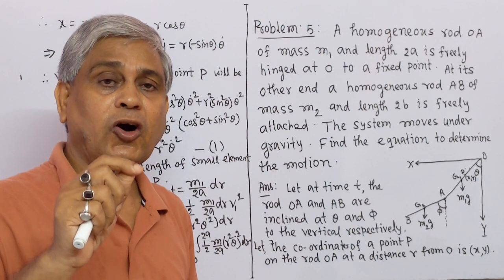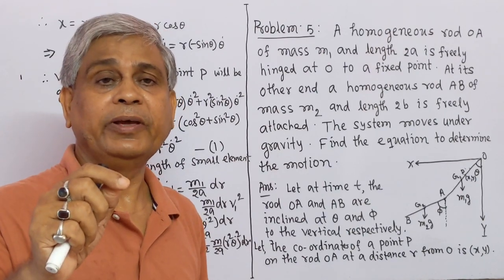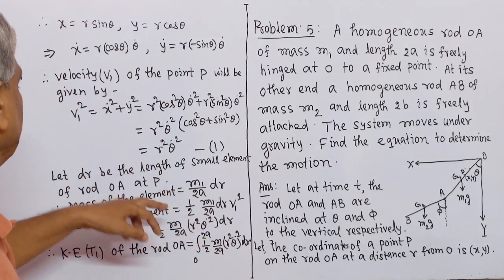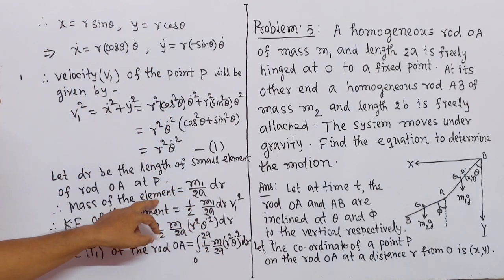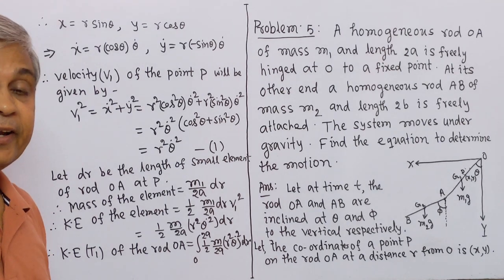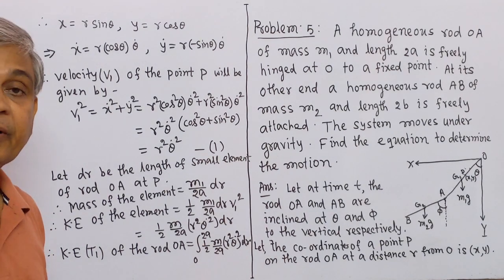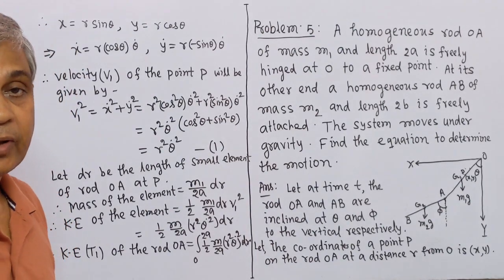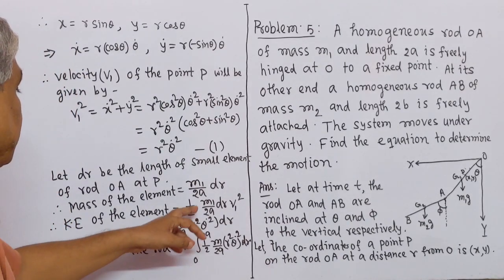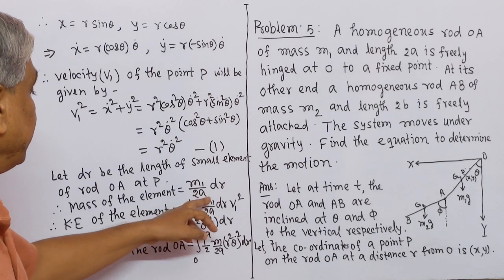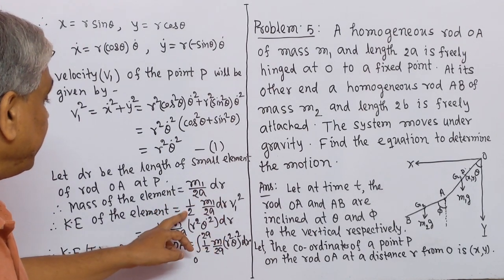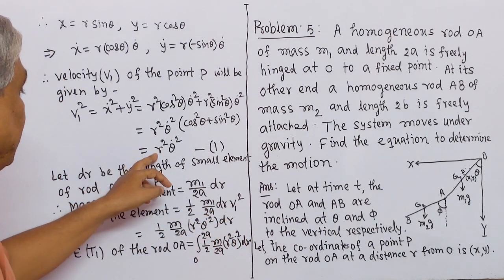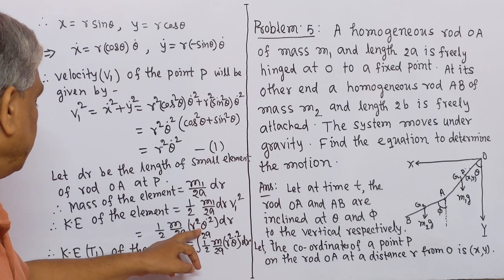Hence the mass of the element of length dr is M1 by 2a times dr. The kinetic energy of this element is half mass into velocity square, which is half into M1 by 2a dr into v1 square, and v1 square equals r square theta dot square.